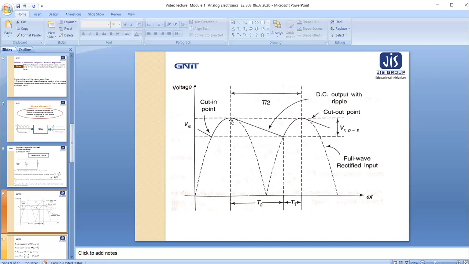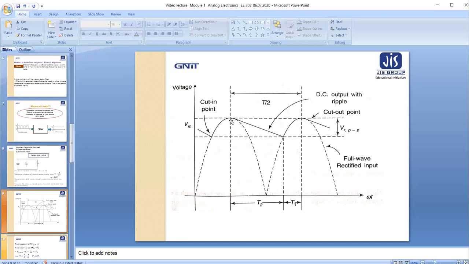Now there are two ways. First, the capacitor will discharge very quickly and then again start charging. Second, the capacitor will discharge slowly, and with the appearance of further signal, it is again charging.